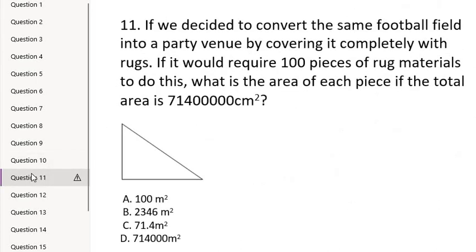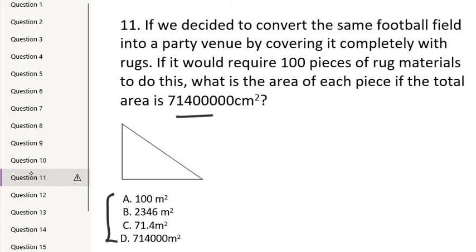Question 11. If we decided to convert the same football field into a party venue by covering it completely with rugs, if it would require 100 pieces of rug materials to do this, what is the area of each piece if the total area is this? Now, the first thing we need to look at is the unit in the options.